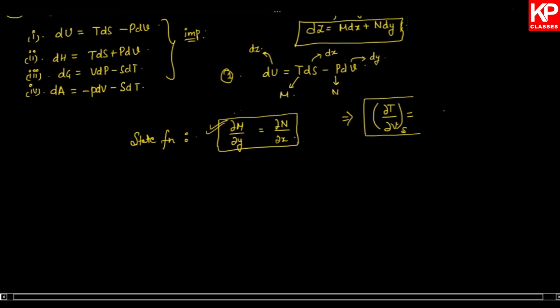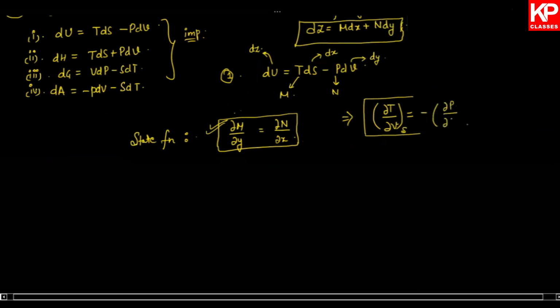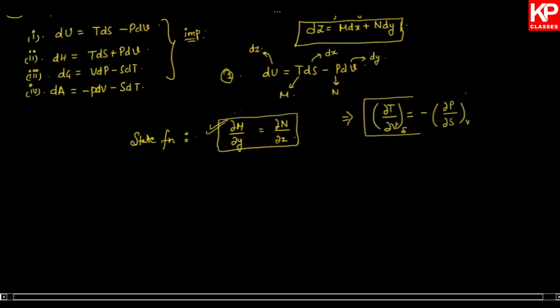So this will be minus del p by del s at constant volume, because n is not p, n is minus p. On relating this expression with this one, you find that it is a positive term here, so you have to consider minus p as the total n value. So similarly, derive it for the remaining three equations, and then I will tell you the trick.